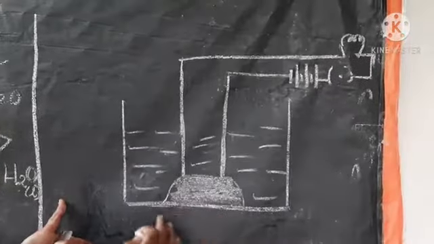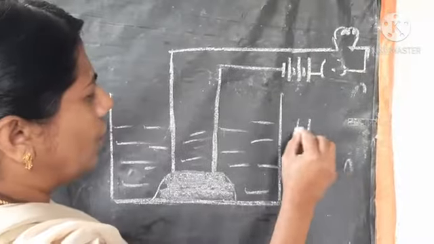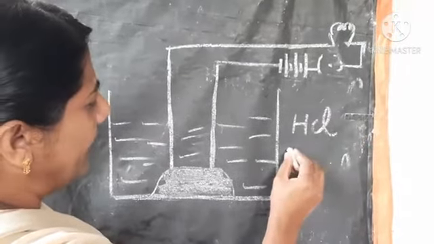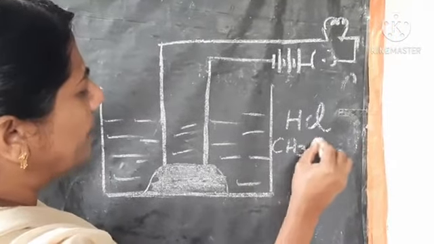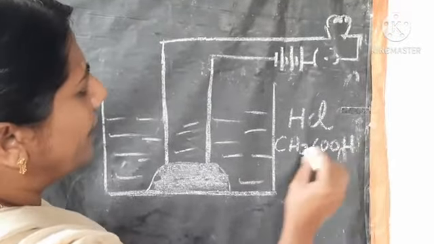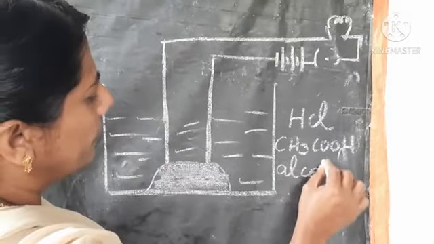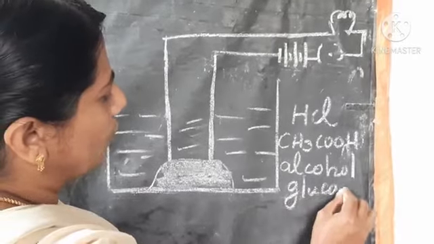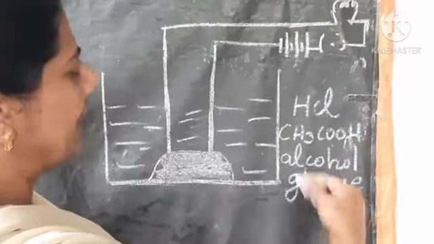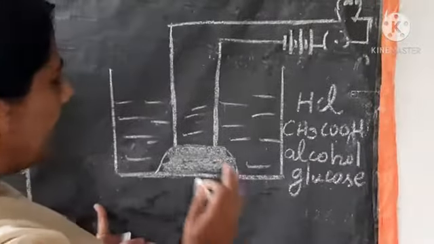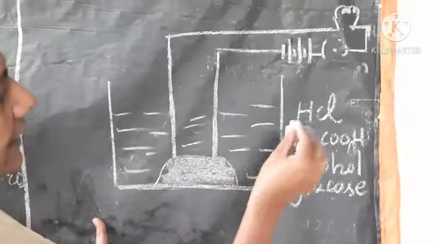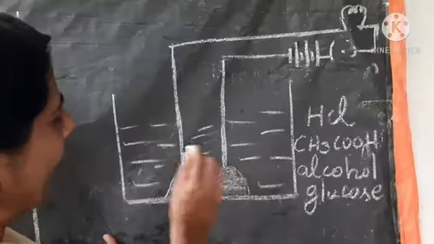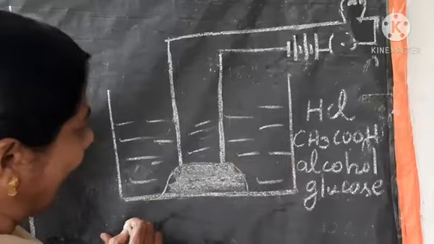And take samples of hydrochloric acid, acetic acid, alcohol and glucose powder. Four samples have been taken. The first one: take hydrochloric acid in the tank.